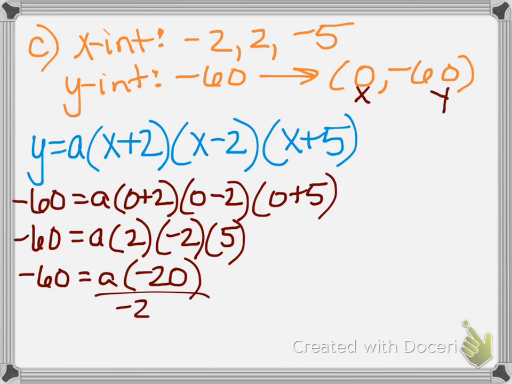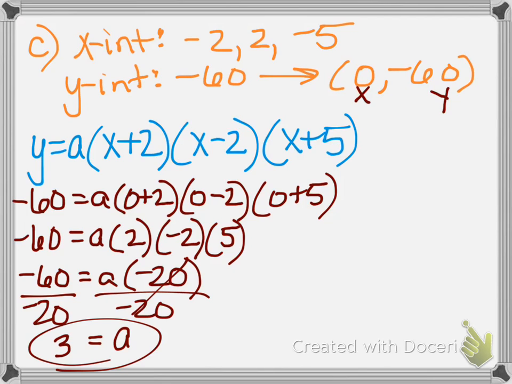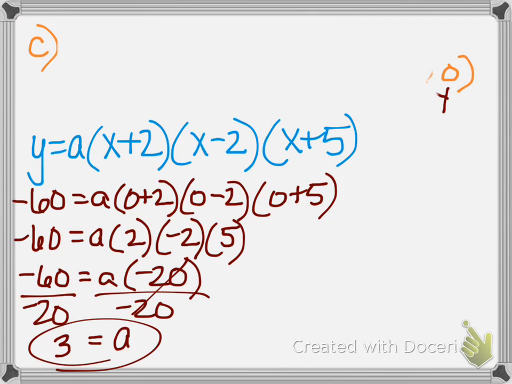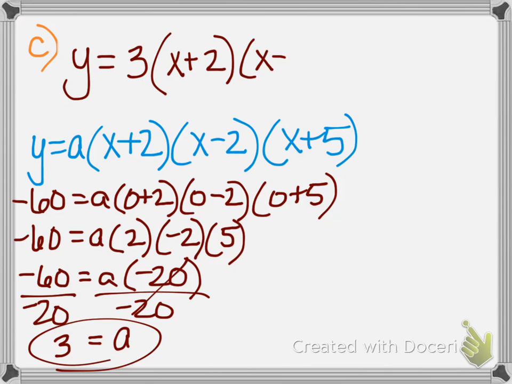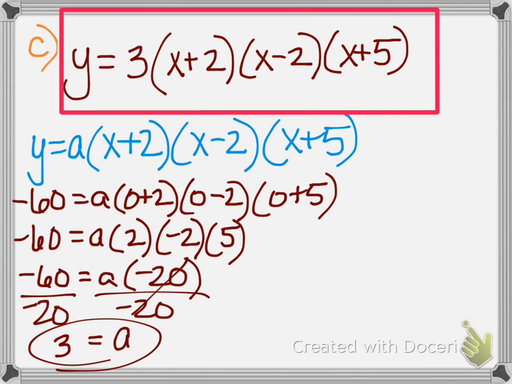So we divide by -20, and A equals 3. Again, final answer has to be written as an equation, factored form. So we have y equals 3 times x plus 2, x minus 2, and x plus 5. And there's the final answer for section 1, part C.